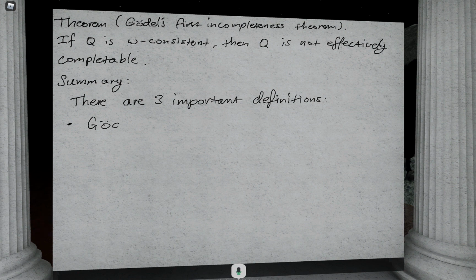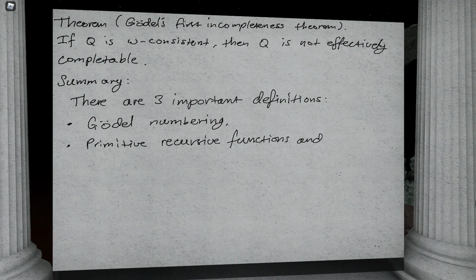And they are Gödel numbering, primitive recursive functions and relations, and then the last one, which I haven't even mentioned yet, is the Gödel sentence, which depends on the first order theory that you have, G sub Q.